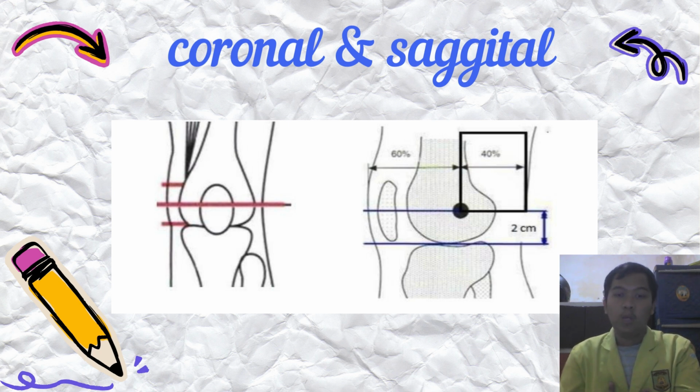The first, we can find the half, or midpoint, between the adductor tubercle and the medial tibial plateau, or we can use the method where the height is 2 cm above the medial tibial plateau.